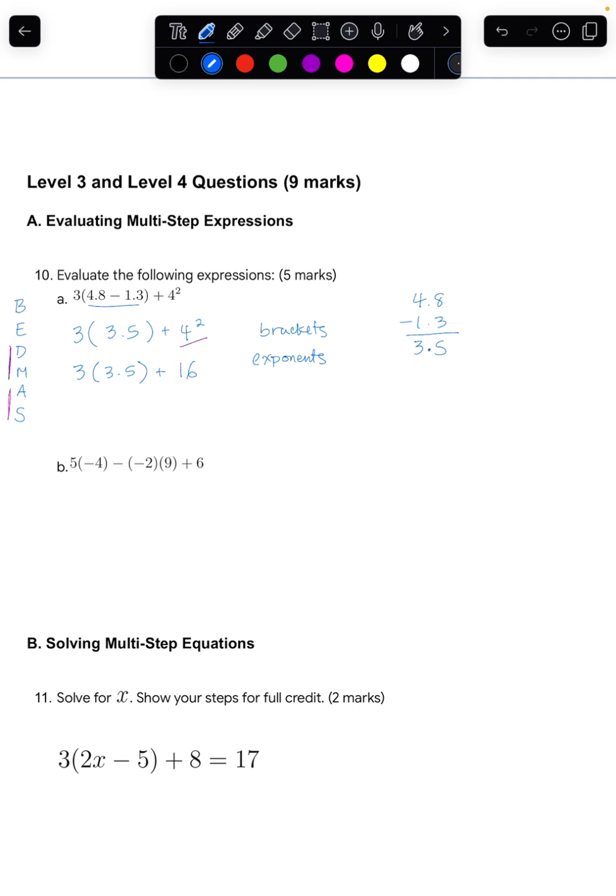Okay, next, let's see, there's multiplication here. So 3, and then the brackets, 3.5. That's 3 times 3.5. So we're doing the multiplication. Let's just write it out here. 3.5 times 3. We have 1 space, which we'll have to add in at the end.